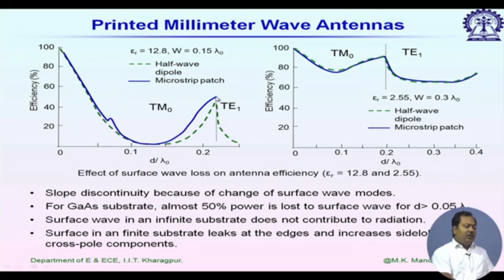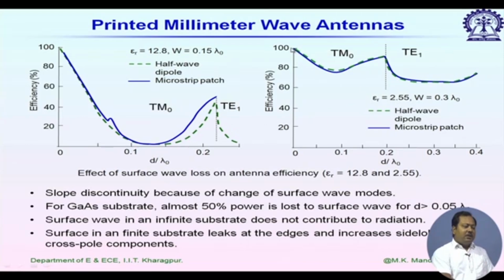Then for the dipole, power is lost to TE1 surface wave mode, and antenna efficiency again decreases, because for the TE1 surface wave mode we do not have sufficient radiation from the structure. We have similar variation for lower dielectric constant also.